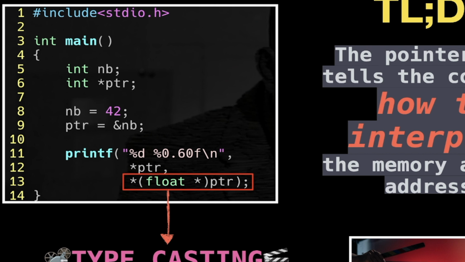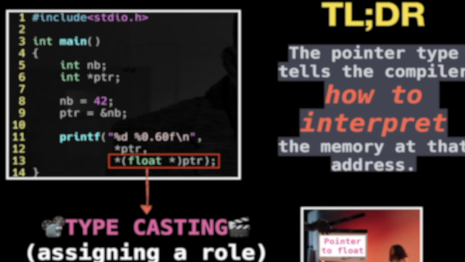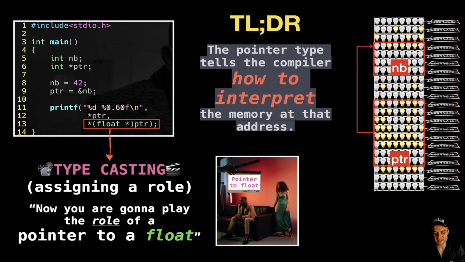So I want to print the value pointed by ptr, and then I do something peculiar, which is this casting. Okay, I'm gonna cast ptr to a float pointer. What is this casting thing? Well, the best analogy that came to my mind is like the real casting, when we want to decide which actors have to play in our film, right? Well, that's basically the same idea.